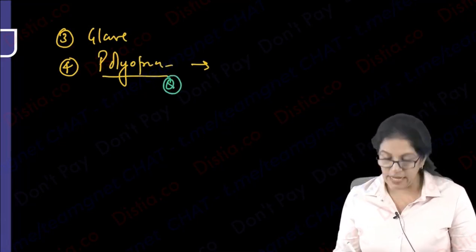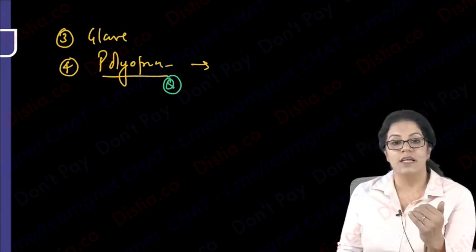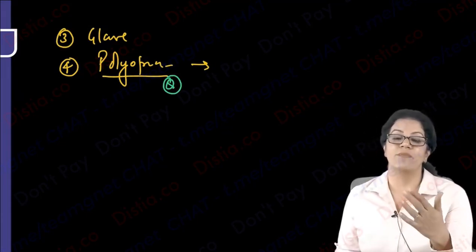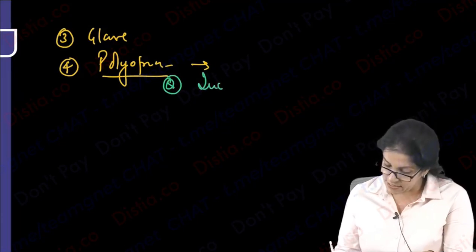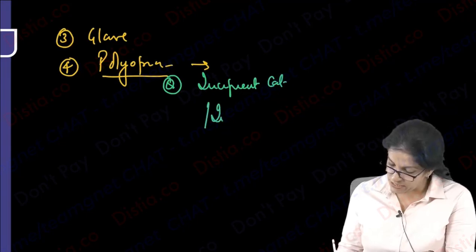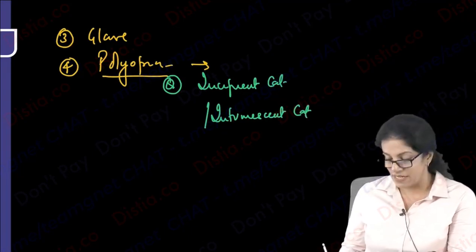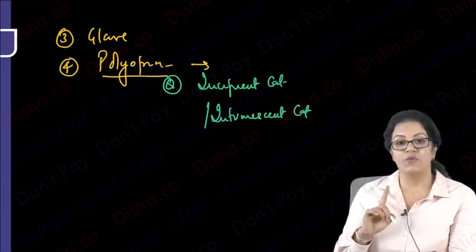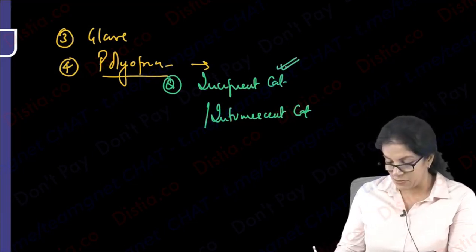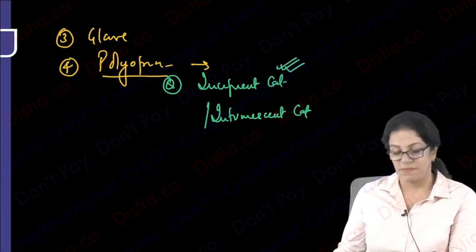They've asked you in which stage of the cataract we get polyopia. We will answer incipient cataract or sometimes intumescent. Actually, both are correct. Now, there was a question in your PG where among the two you had to choose only one. In that case, I will choose incipient cataract.